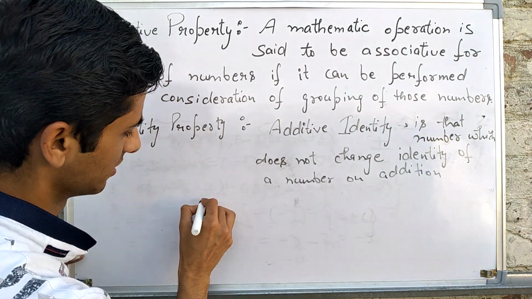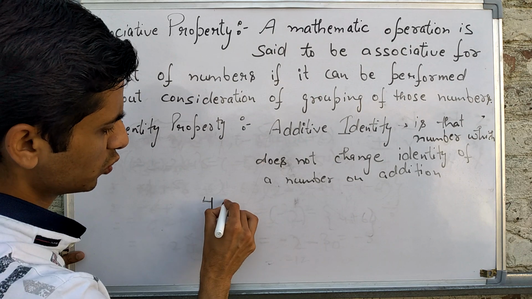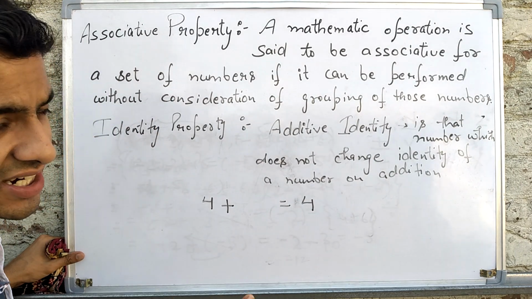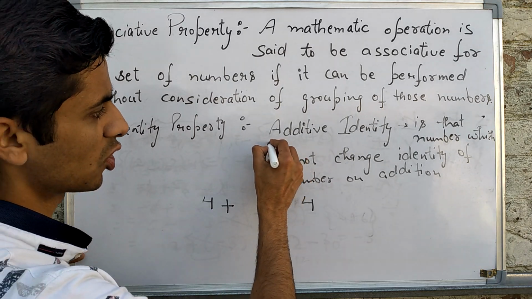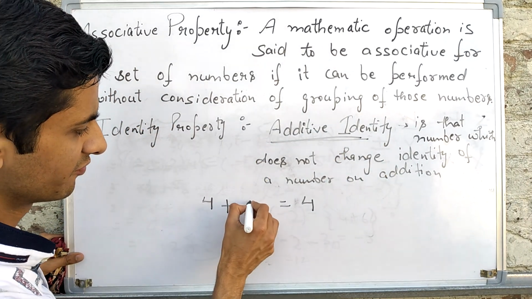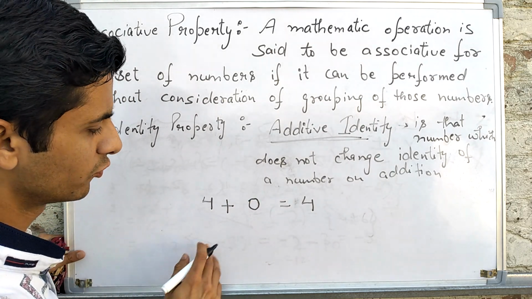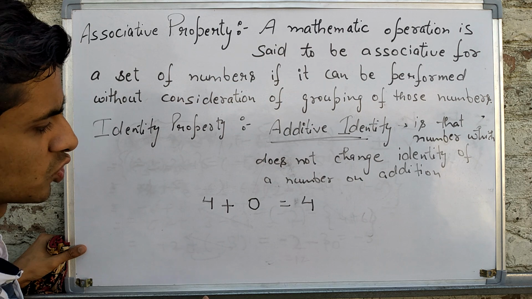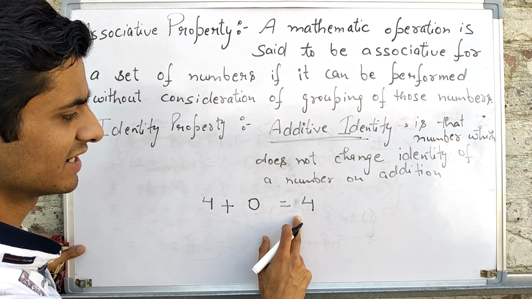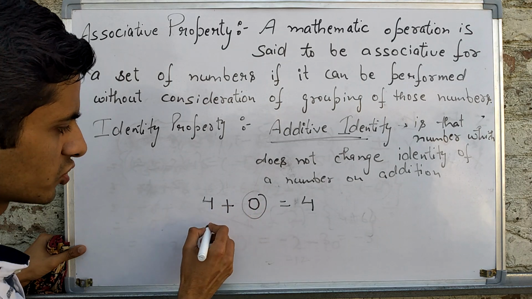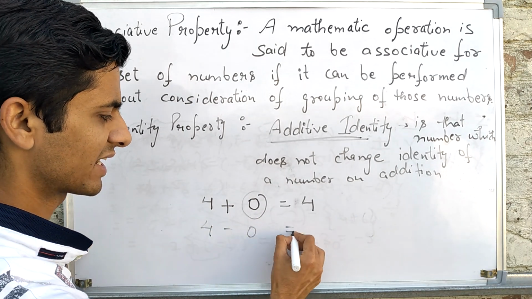Suppose we are having one number. I want to add one number to it so that it does not change its identity. That is called additive identity. So what would be that number? Obviously 0. If you add 0, you will get the same number. So the identity element over here is 0, and 0 is called additive identity. 0 is also the subtractive identity.